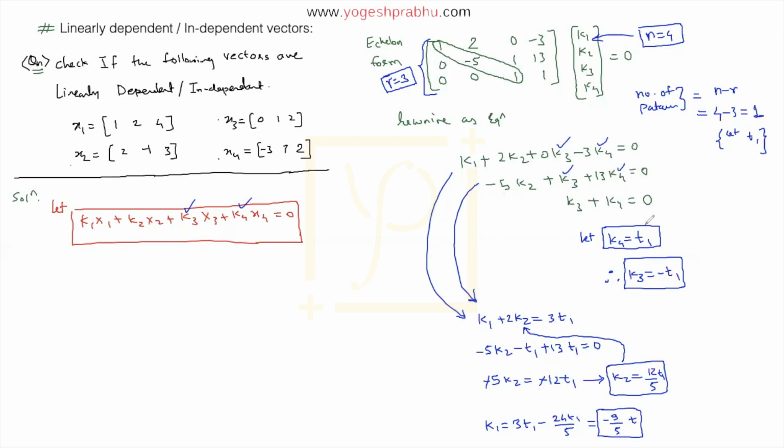Now I hope you observed I've got k3, k4, k2, k1, all the values. Now it's time we put them back into the main equation, the assumption that we started off with.